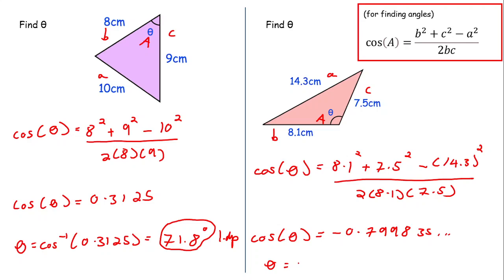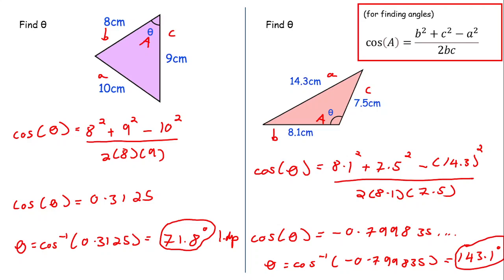So theta is going to be the cosine inverse of that, which is going to be equal to an angle over 90, which is 143.1 degrees to 1 decimal place.